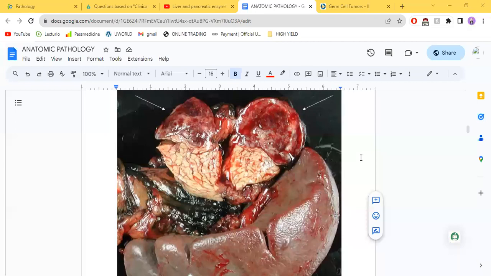What else do we have medial to the spleen? We have the pancreas. Great. So on this picture, yes, pancreas, correct. You guys are doing well.